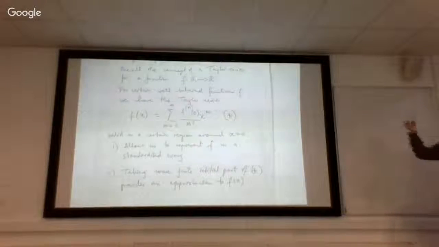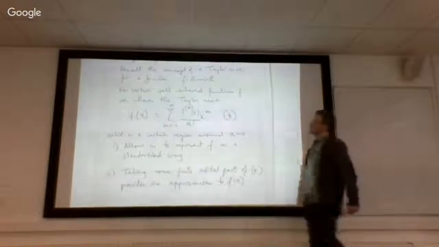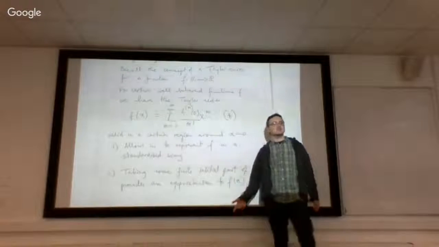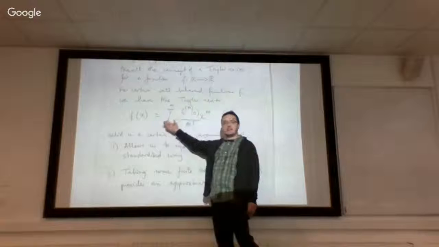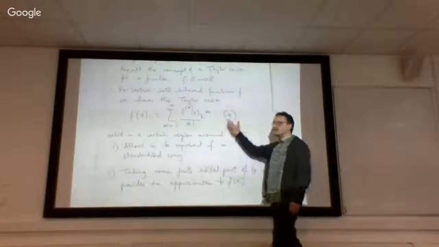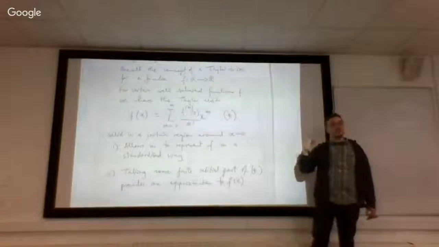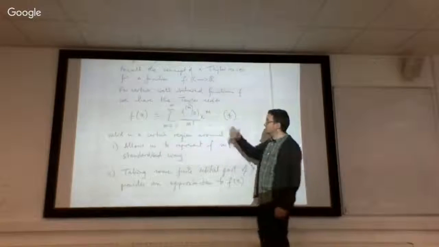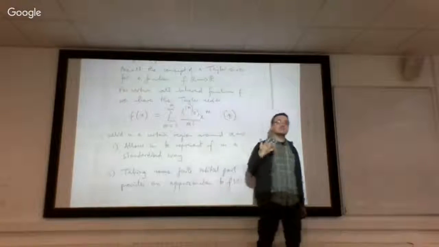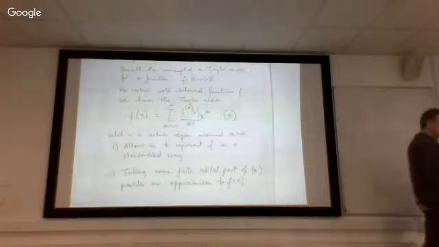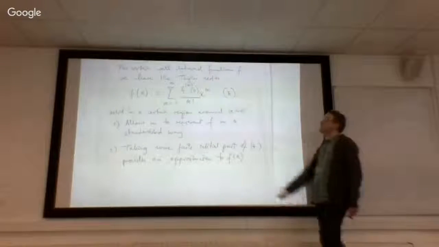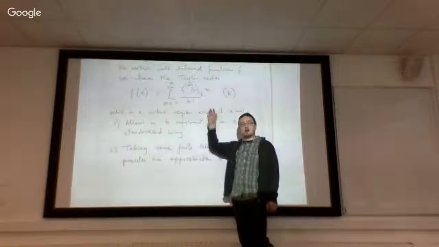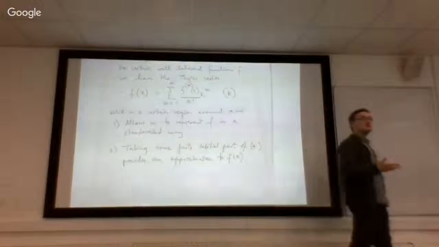Now the reason I'm showing you this is that Fourier series act like this too. Fourier series give you a standard way of representing functions through an infinite sum, not this time an infinite polynomial sum, but an infinite linear combination of sine and cosine functions. And secondly, they also have the feature that if you take some finite initial part of the summation, you get an approximation to the function.